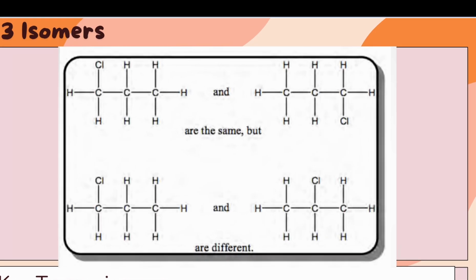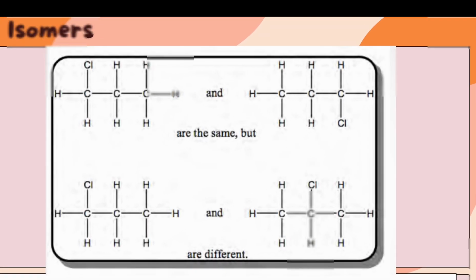Okay, here is another one. It's saying that the top two are the same, but the bottom two are different. So let's look at the top two. Again, we have a 3-carbon chain with single bonds, so that's propane. And then each of them has a chlorine group.